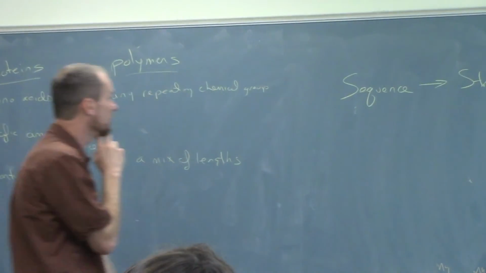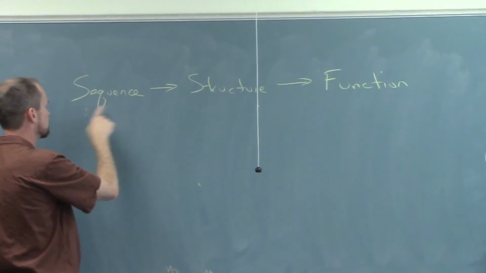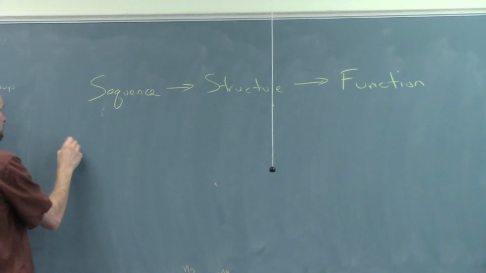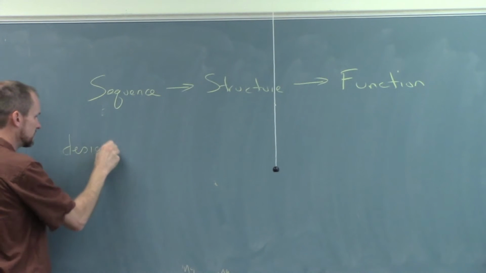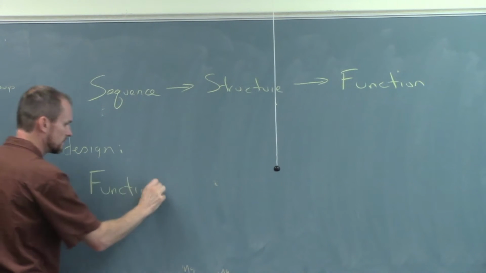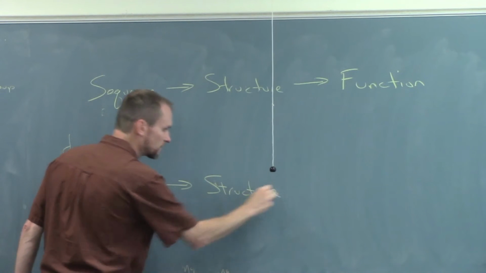If you observe nature and look at a genome sequence, we go in this direction. The sequence makes the structure, makes the function. But if we want to do design, we need to do the inverse of this. We need to take some function, and decide from there what structure you might want to do that function.